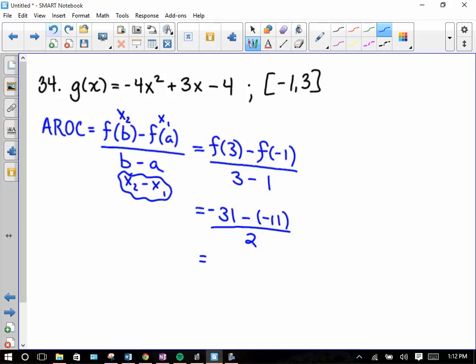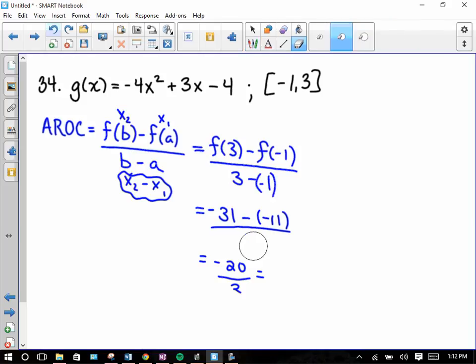Negative 31 minus negative 11 is going to be negative 20. Divided by, that's actually 3 minus negative 1. So this is actually 4. That's negative 5. This is 3 minus negative 1.